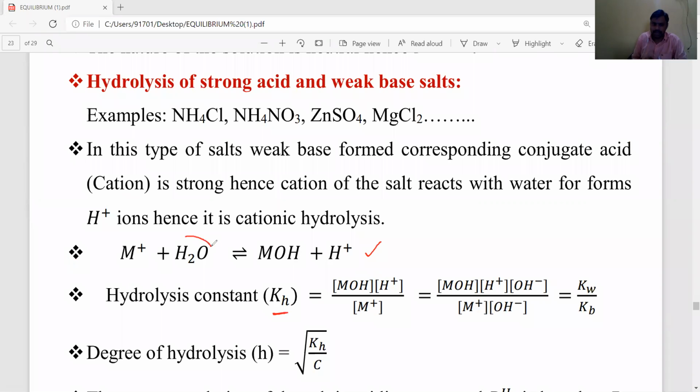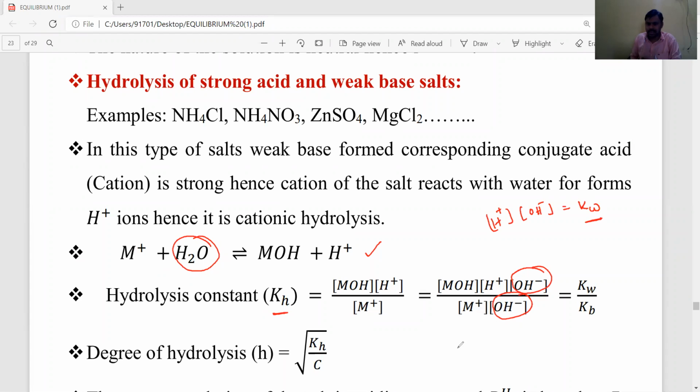Here we don't consider water concentration, because only the salt is considered. In the above equation, to get Kw, I multiplied and divided by the OH- ion concentration, so the value does not change. Now H+ concentration times OH- concentration is nothing but Kw, the ionic product of water, as we know very well.